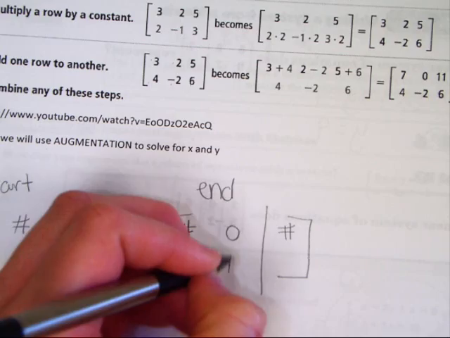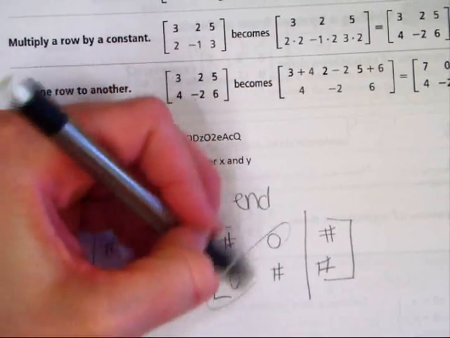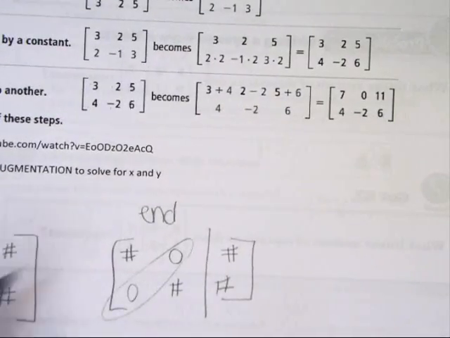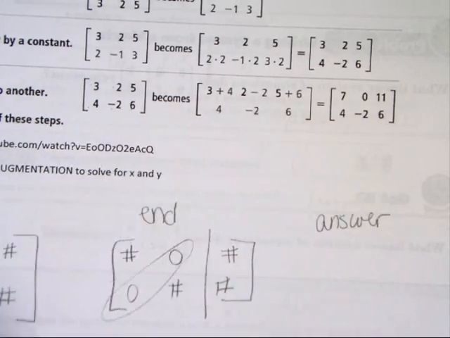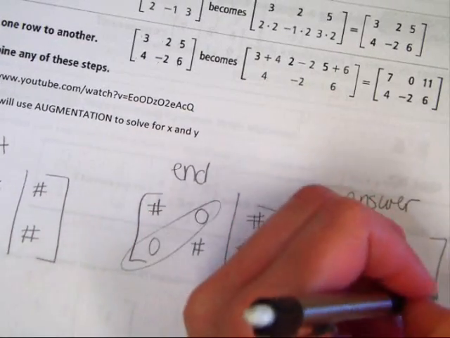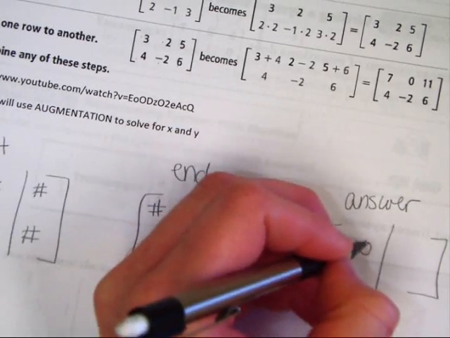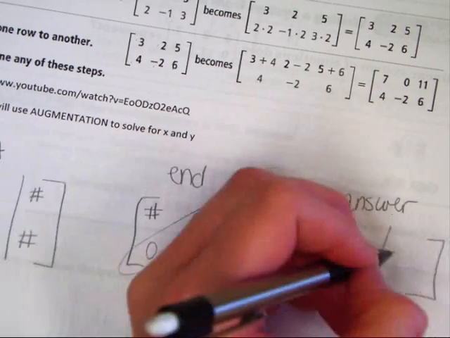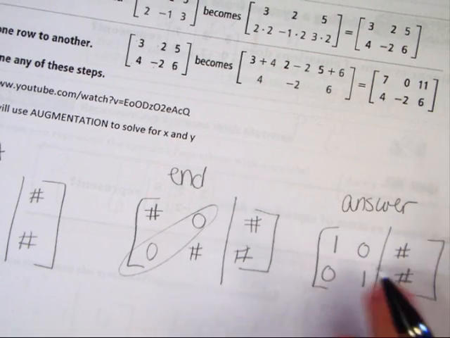We want a 0, a number, and a number on the bottom. In other words, these items have to be 0. Our final answer will be when we have a matrix with a 1 here, a 0 here, a 0 here, and a 1 here. Our answers will be whatever is on this side. Alright, let's play around with this and check it out.